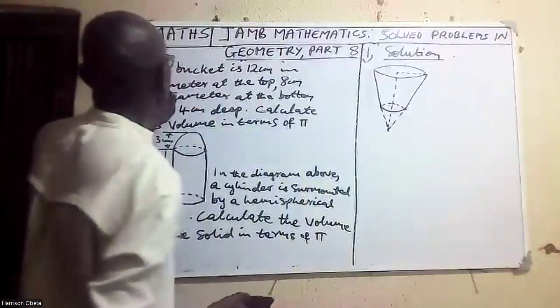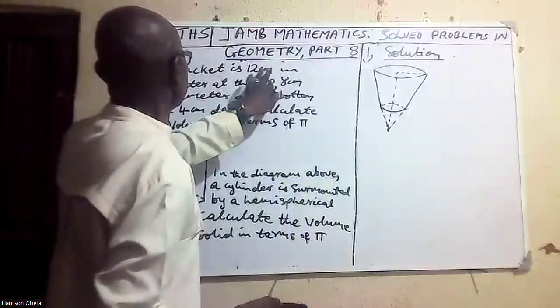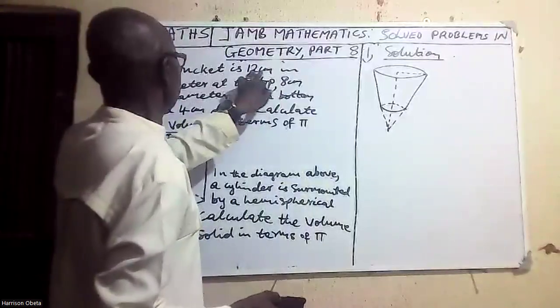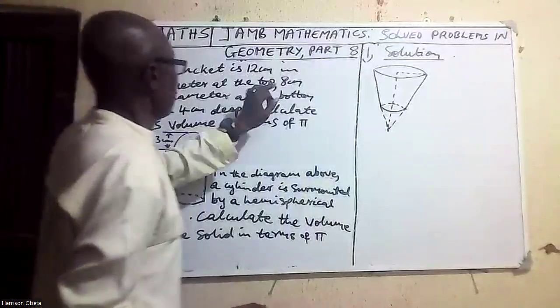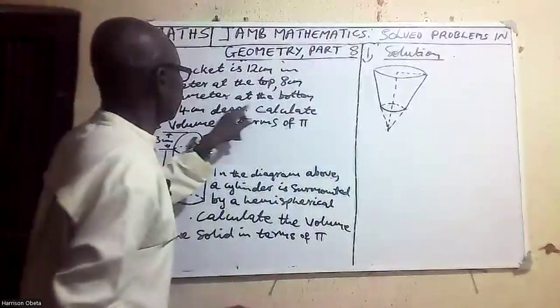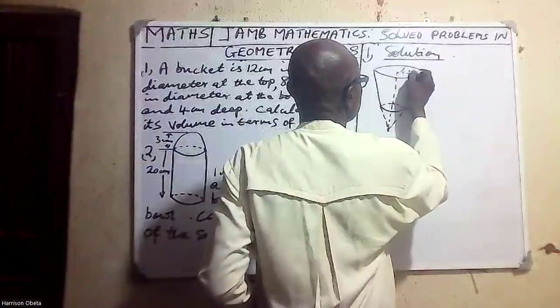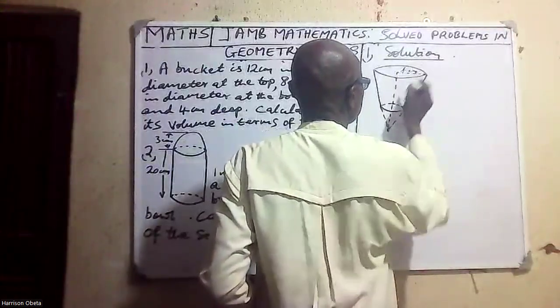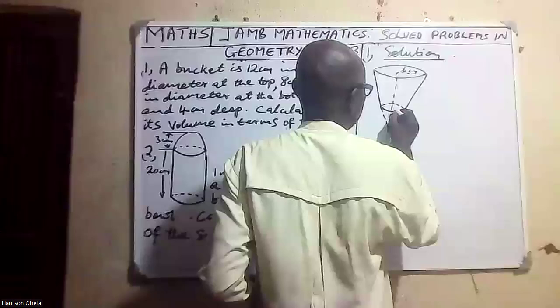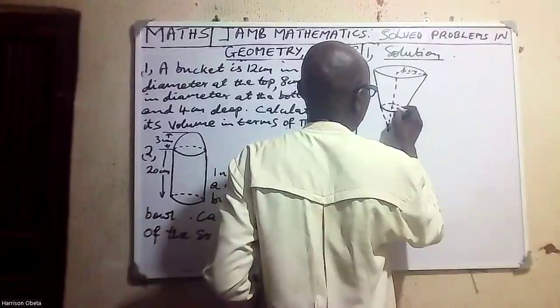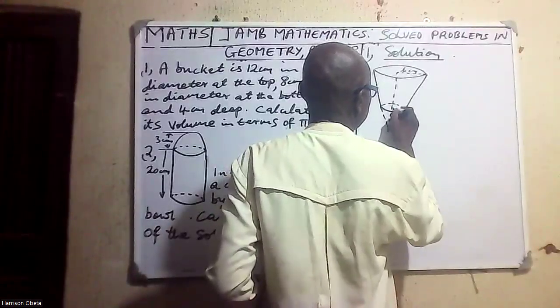Okay, the bucket is 12 cm in diameter at the top, 8 cm in diameter at the bottom. That means this is 6 cm radius. Then for the bottom, we have 4 cm.